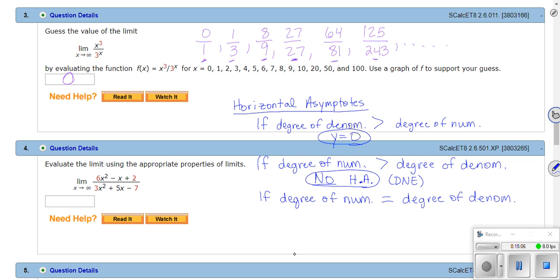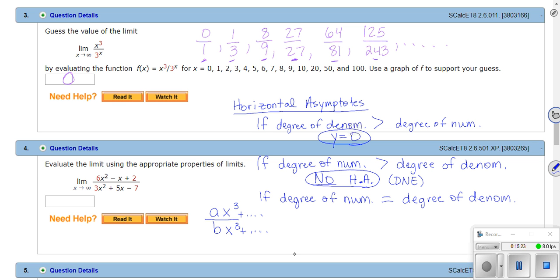Okay, so if I had, let me just say, ax cubed over bx cubed, and it really doesn't matter what's behind it. What's behind it makes no difference whatsoever.